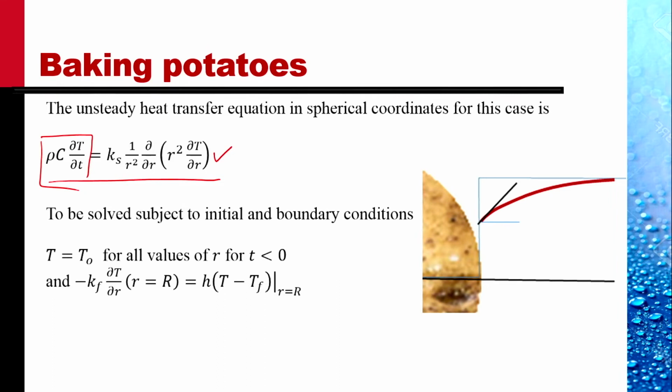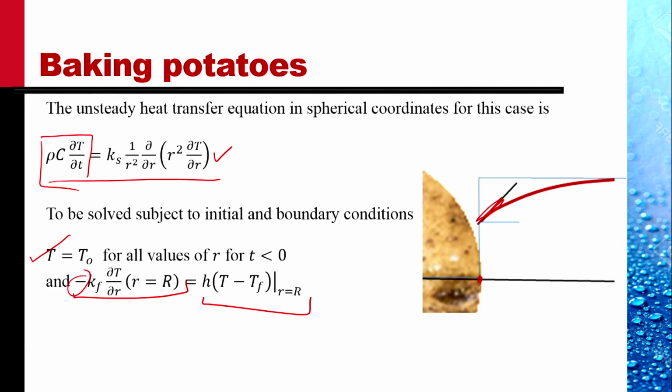subject to the initial and boundary conditions, that T is equal to T naught for all values of R for t less than 0, the initial temperature of the potato, and then at the surface of the potato, the heat conducted into the potato, which is minus Kf del T by del R at R equal to capital R by Fourier law, is equal to h times T minus Tf, the instantaneous temperature minus Tf, or the other way around, Tf minus T. My negative sign will take care of that.